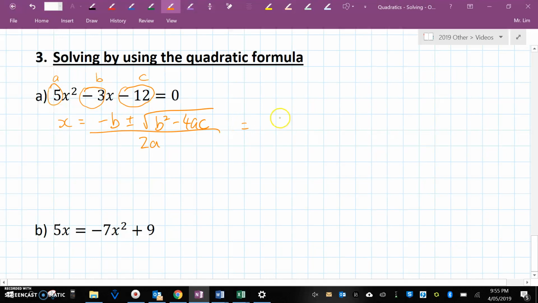So we're going to have minus b is minus 3, so minus 3, plus or minus the square root of b, minus 3, squared, minus 4 times a times c, all over 2a.